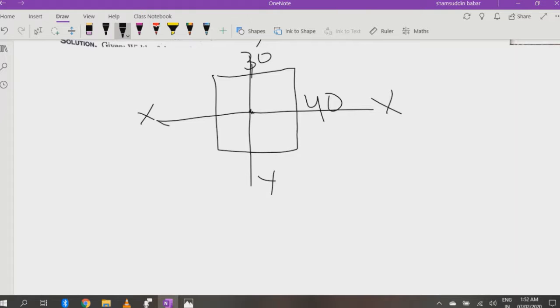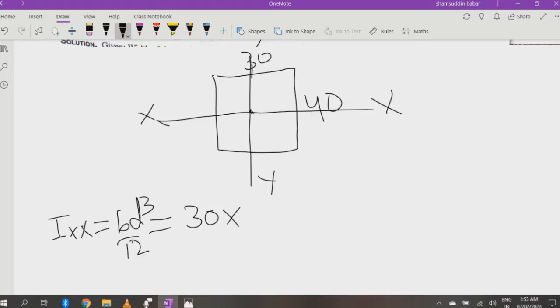So I knew that Ix is equal to b d cube upon 12, and my b width is 30, so 30 into 40 cube upon 12. I can get my answer.